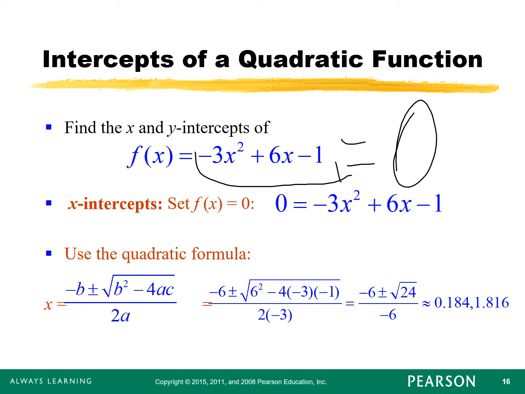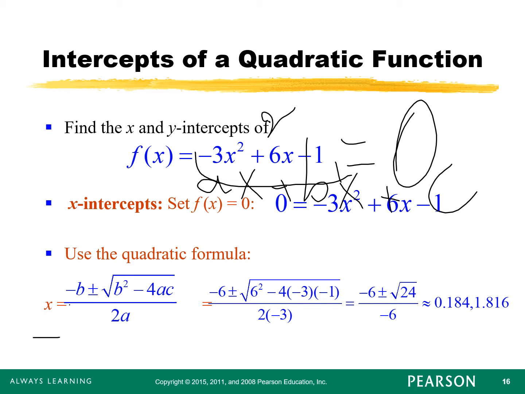Then, of course, we can calculate it with a rule that we have to learn by heart. The rule is x equal to minus b. First, let's talk like this to understand what a, b, and c are. So this is what we call ax squared plus bx plus c.